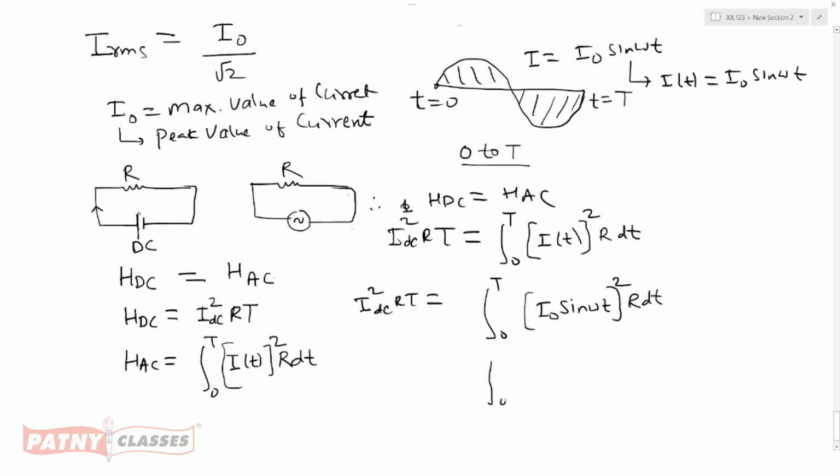The left side is I dc square RT, and the right side is I naught square sin square omega t R, with integration with respect to t.